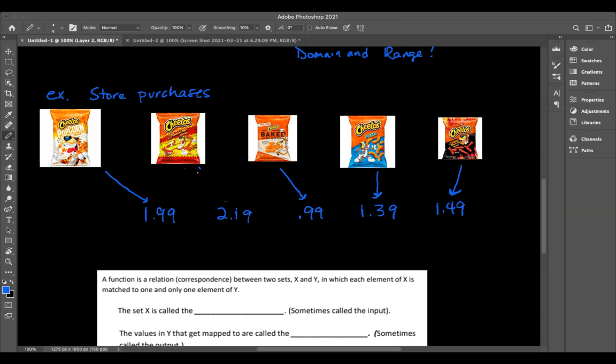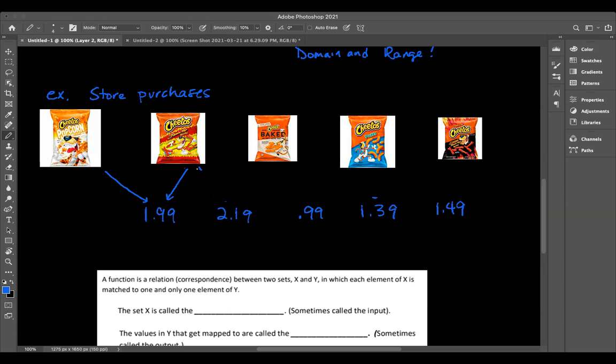Now here's another question. What if the Flaming Hot Cheetos now has the same price as the $1.99 popcorn cheddar Cheetos? So they all have the same price now. Let me change them all. Put this one and this one, they all have the $1.99 price.